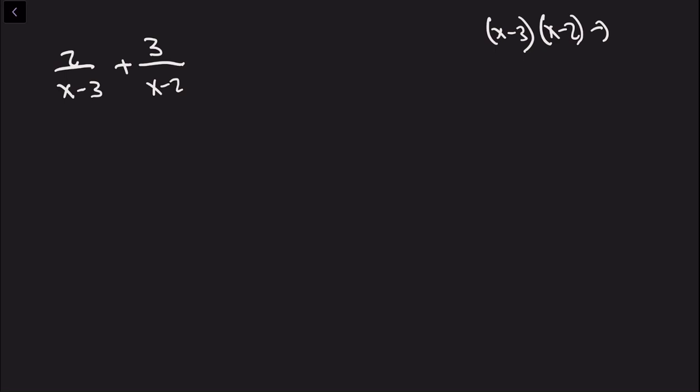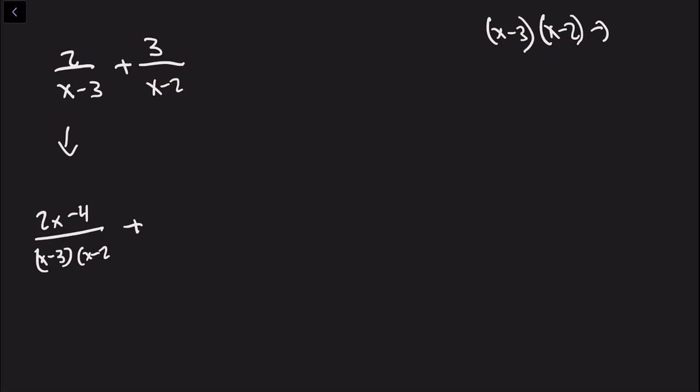But we know that this will be a common denominator. Well, how do I get to that polynomial in my first term? Well, I took my x minus 3, I multiplied it by x minus 2. So that's what we're going to do to the top and the bottom. So on the top is going to be 2 times x minus 2. So I'll just say that's 2x minus 4 over our common denominator of x minus 3, x minus 2.